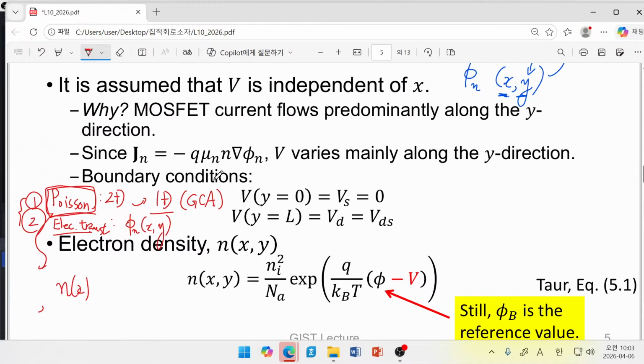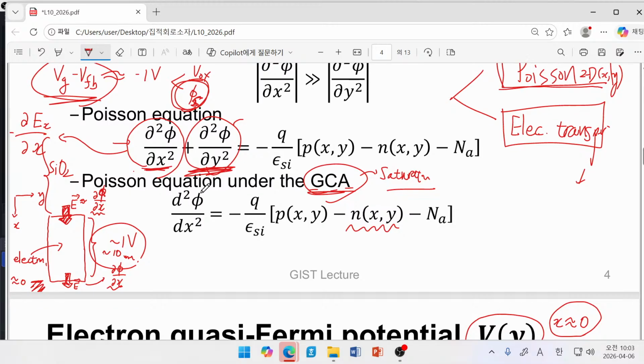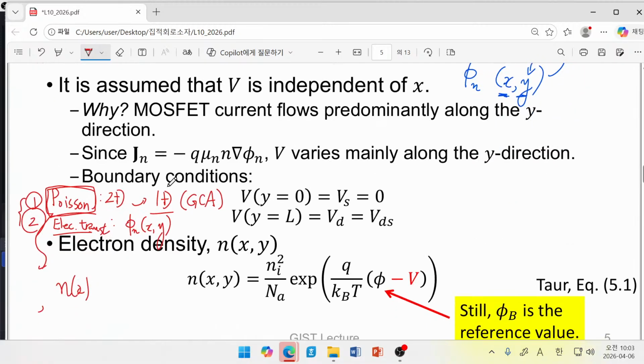How can we express our electron density? Previously, our model for electron density at any position was written in this form, N_A exponential of phi over k_B T over q.